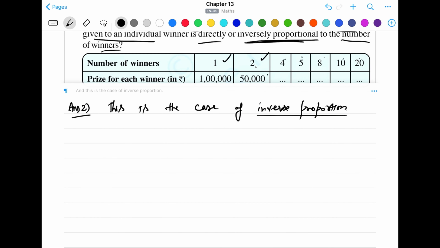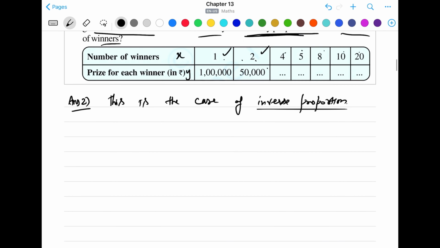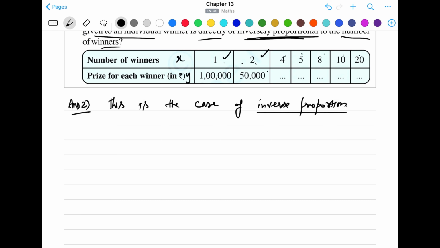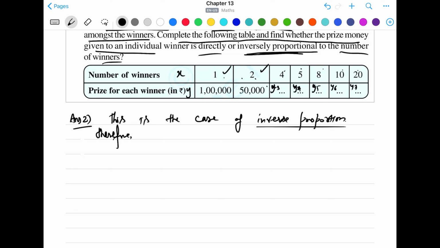Let's consider all these values as x1, x2, x3, x4 and so on, and these values will be y1, y2, y3, and y4. Let's start. This is the case of inverse proportion, therefore we are going to use the relation of inverse proportion. Let's see it for the first part.